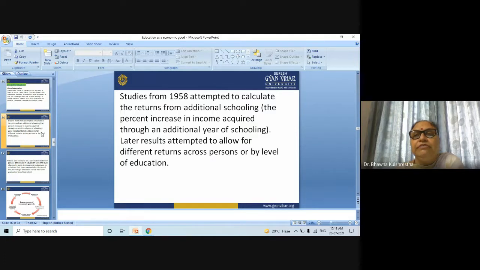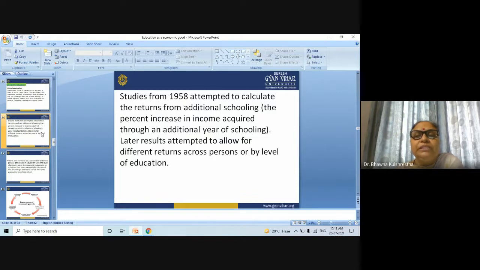On the level of education, statistics have shown that countries with high enrollment and graduation rates have grown faster than countries without.